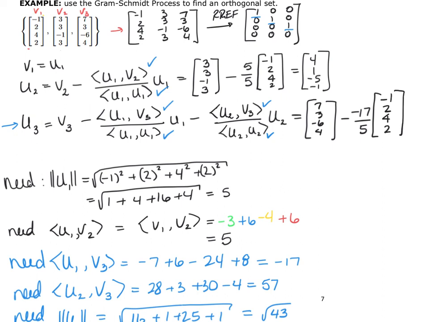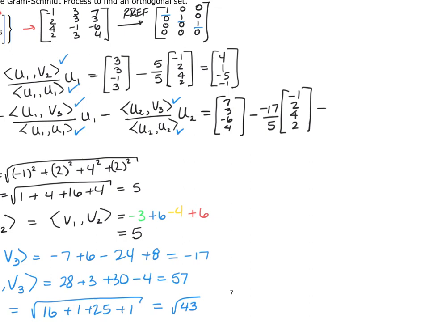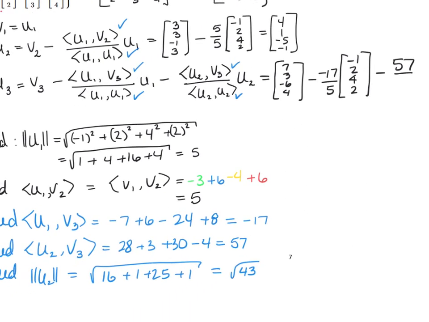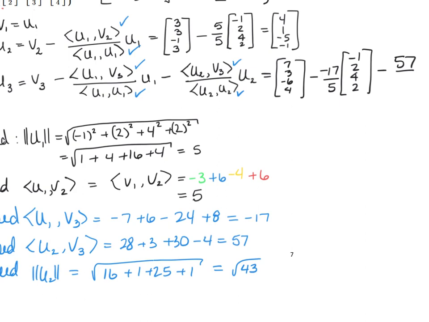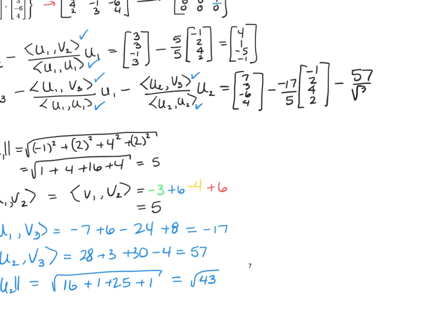Then I have my last piece, which is minus U2 inner product V3, which we found to be 57, so minus 57 over U2 with itself, which is the modulus squared, 43, and it's going to be multiplied, because it's a scalar, by my U2. My U2 is 4, 1, negative 5, negative 1.